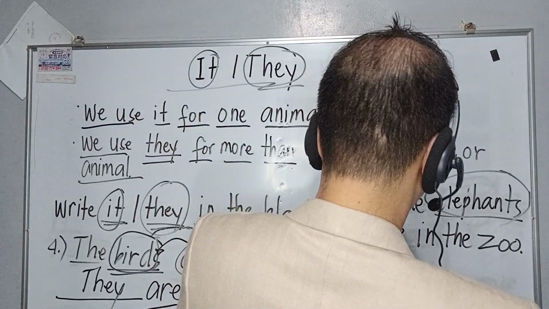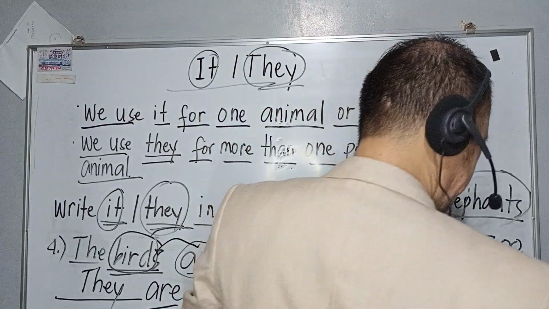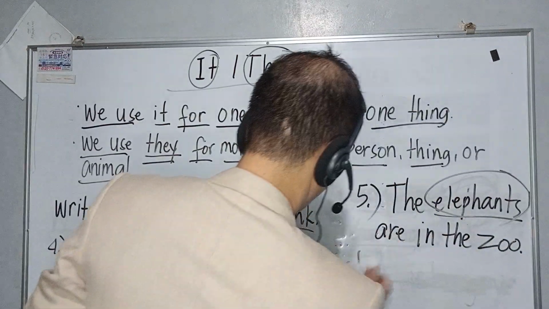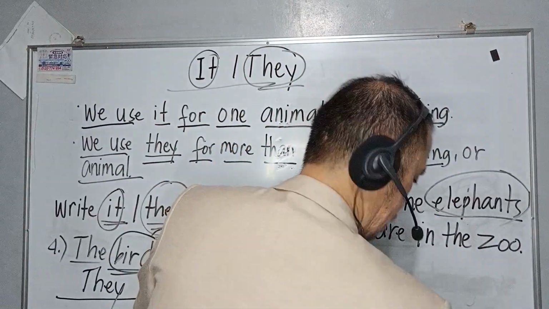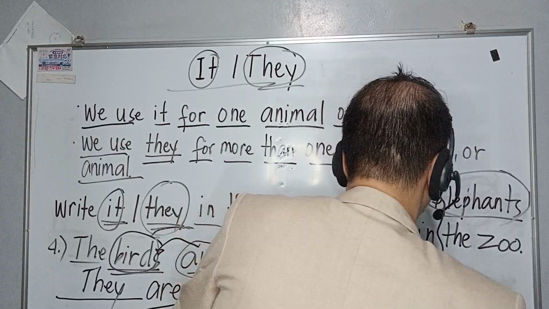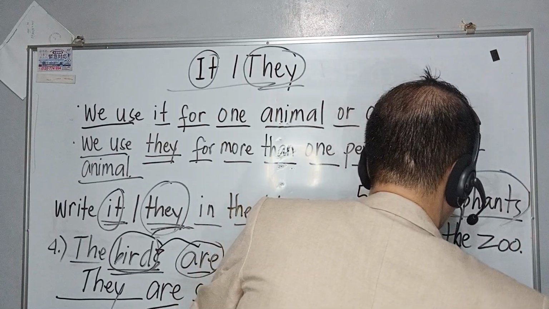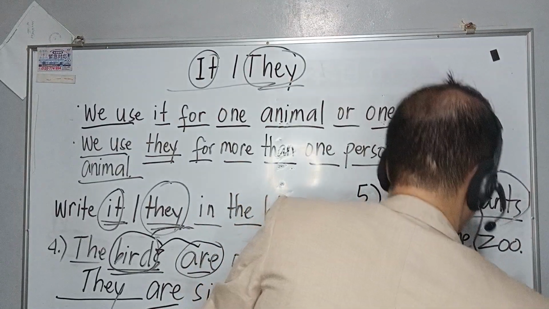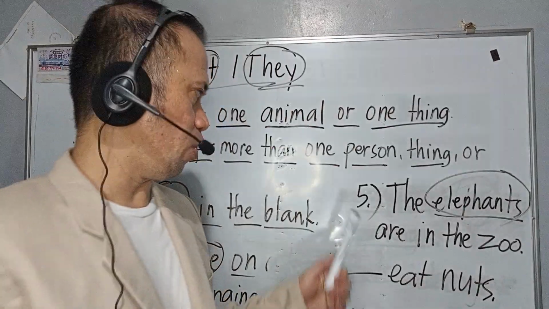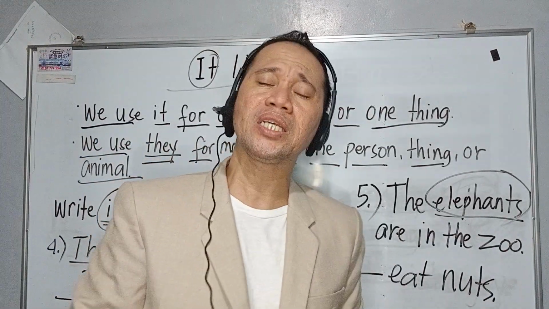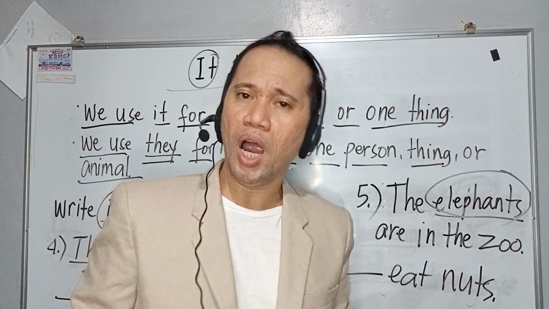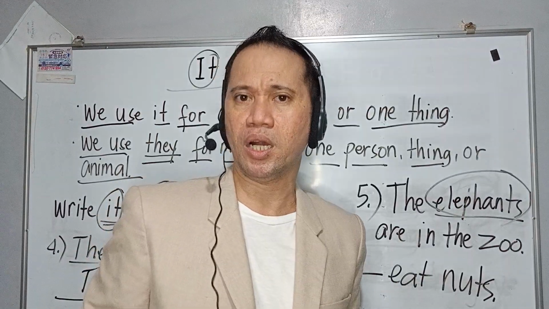Okay. So here, blank eat nuts. Okay? This will be our number 5 sentence, my dear viewers or my dear students. Please listen and please continue watching our tutorial today.